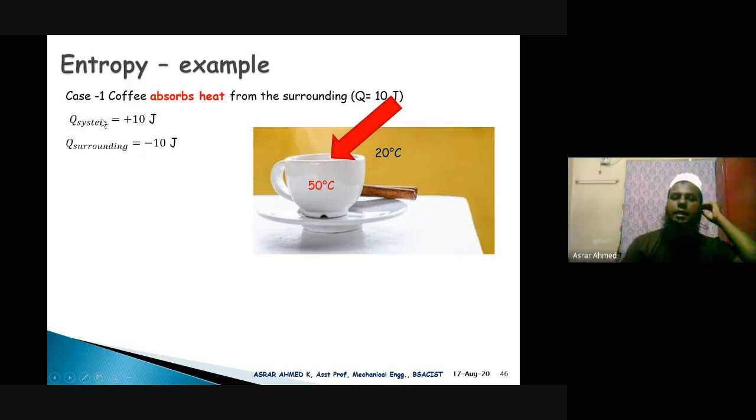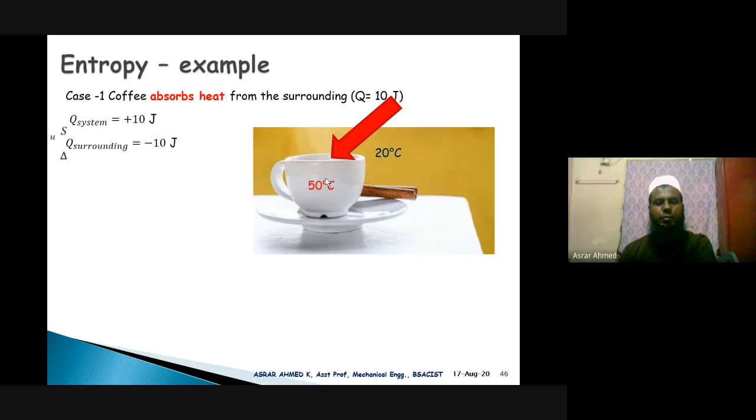Whatever heat is entering the system is being lost by the surrounding. So heat is rejected from the surrounding to the system, so I put a minus sign here. Heat is supplied means plus, heat is rejected means minus.